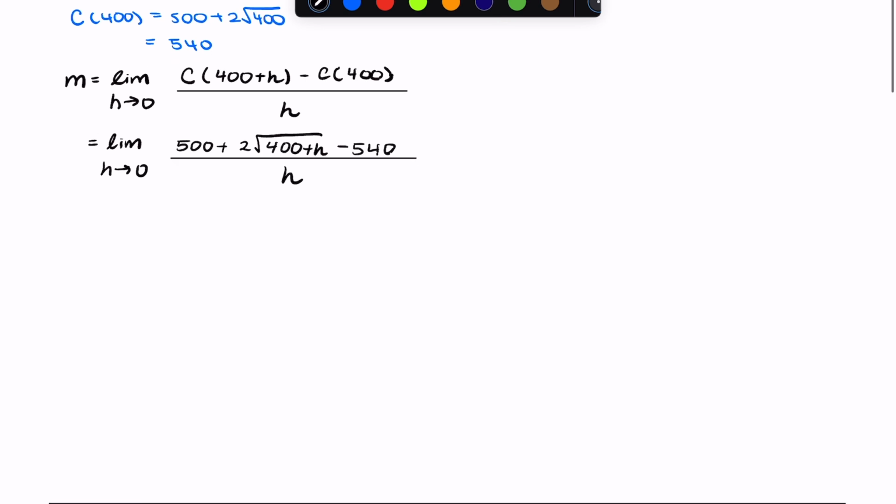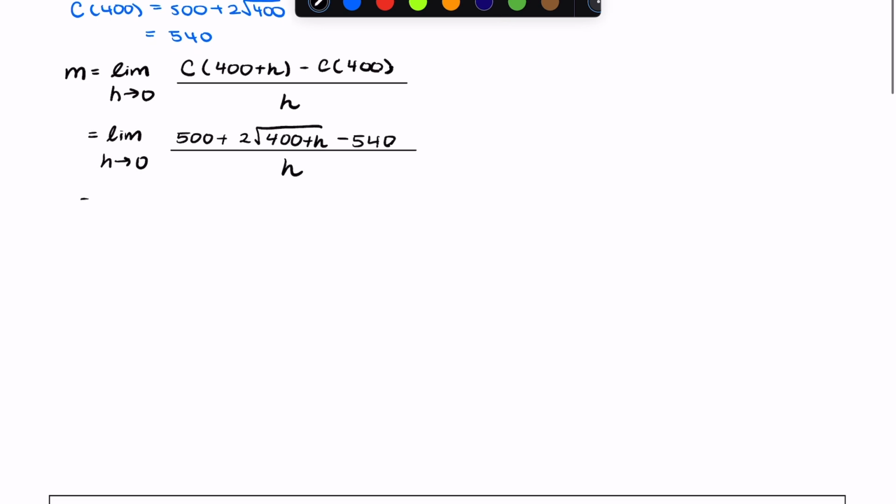If we combine the 500 and 540, we get the limit as h approaches 0 of 2 square root of h plus 400, minus 40, over h.